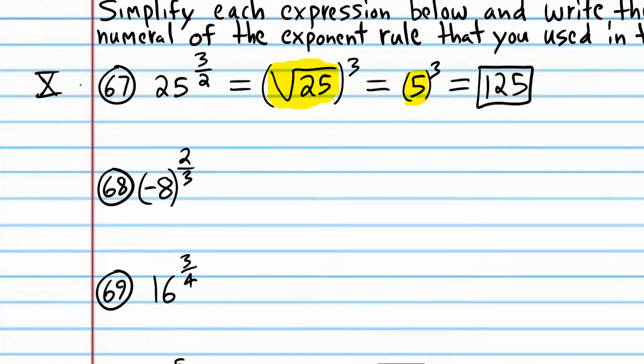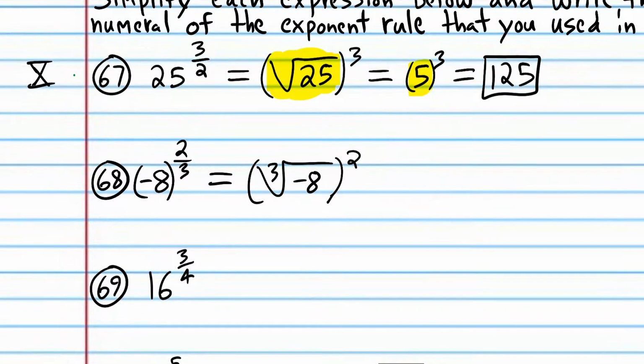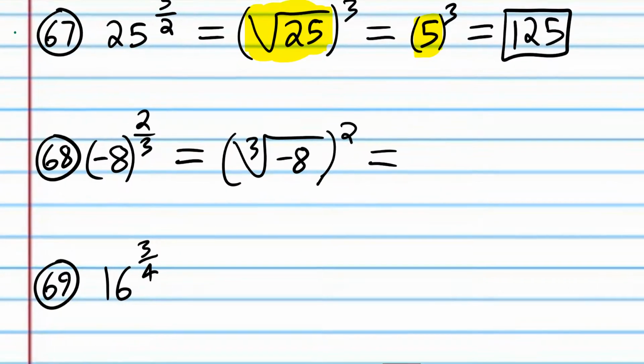All right, so now let's do the next one here. Now we have a 3 in the denominator, so that means cube root of -8. But there's a 2 in the numerator of the fraction, so we're going to take all that and raise it to the 2nd power. Be sure that you use parentheses in these. So PEMDAS tells us to do the parentheses first.